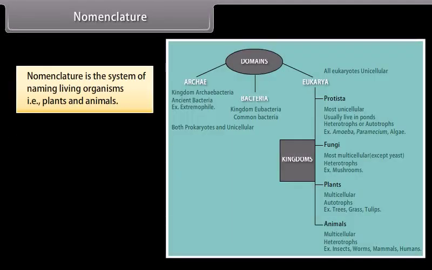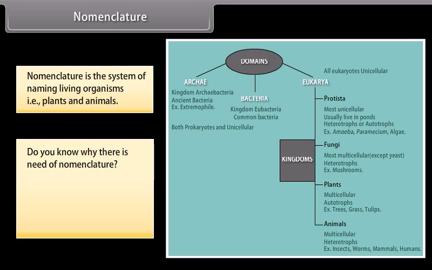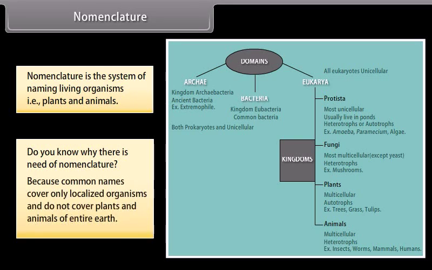Nomenclature. Nomenclature is the system of naming living organisms, that is, plants and animals. Do you know why there is a need of nomenclature? I will tell you. Because common names cover only localized organisms and do not cover plants and animals of the entire earth.